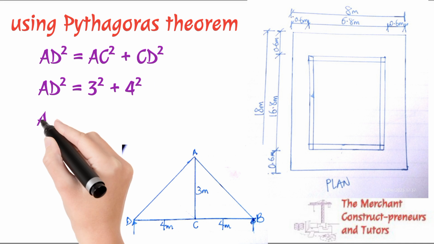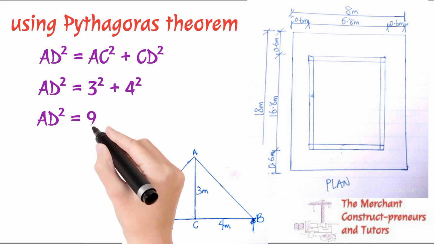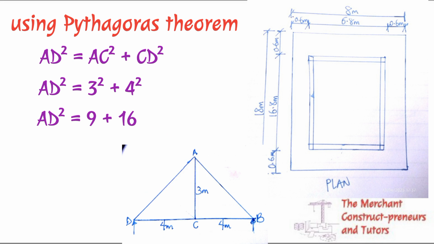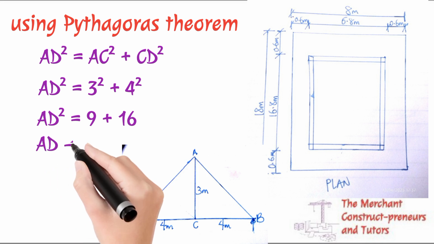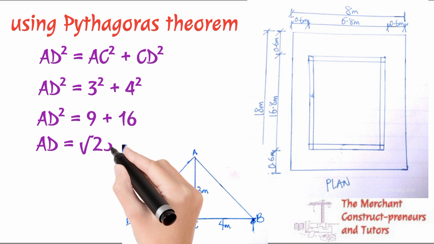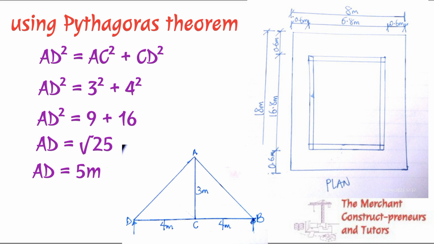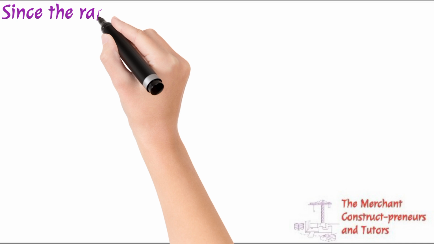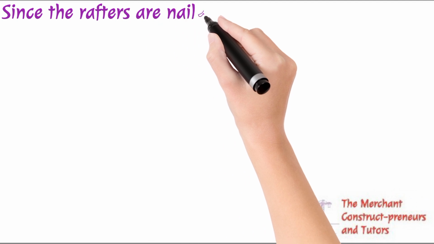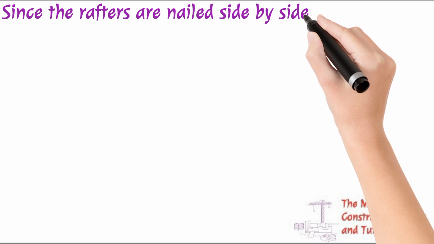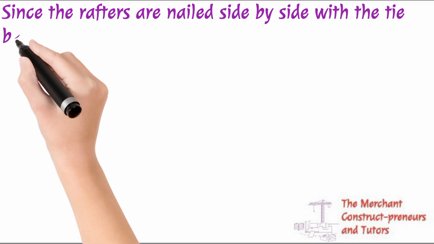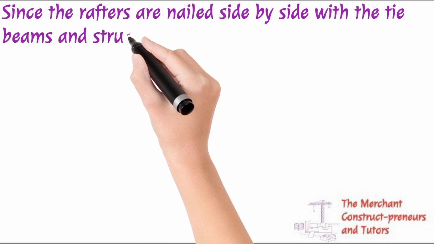Using Pythagoras theorem, we solve to get the length of one rafter for this particular roof size. The length of the longer side is 5 meters, in two places, because this is how the roof is pitched. So 5 meters for each sloping end.